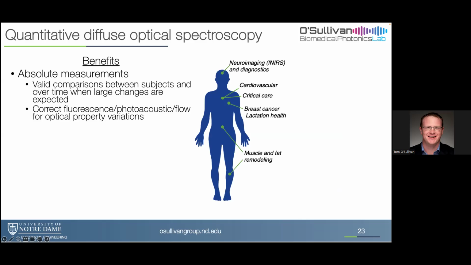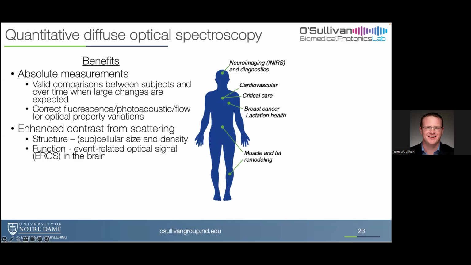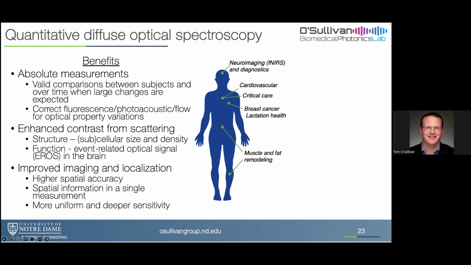You could potentially use this to correct other techniques like fluorescence, do quantitative fluorescence imaging, or approach quantitative photoacoustic imaging or flow imaging if you do spectroscopy or speckle imaging. If you separate absorption and scattering, you have different types of contrast. So you might get extra contrast from scattering that could give you more information about the biology that you didn't have when you just lumped it all together as attenuation.